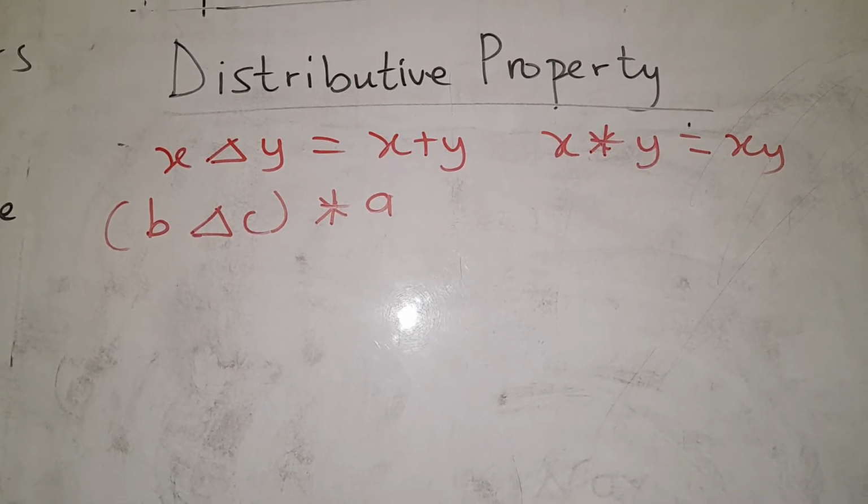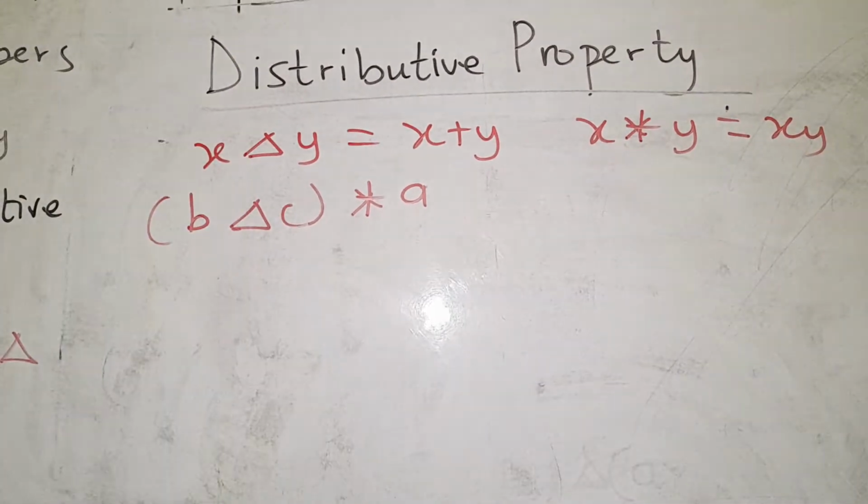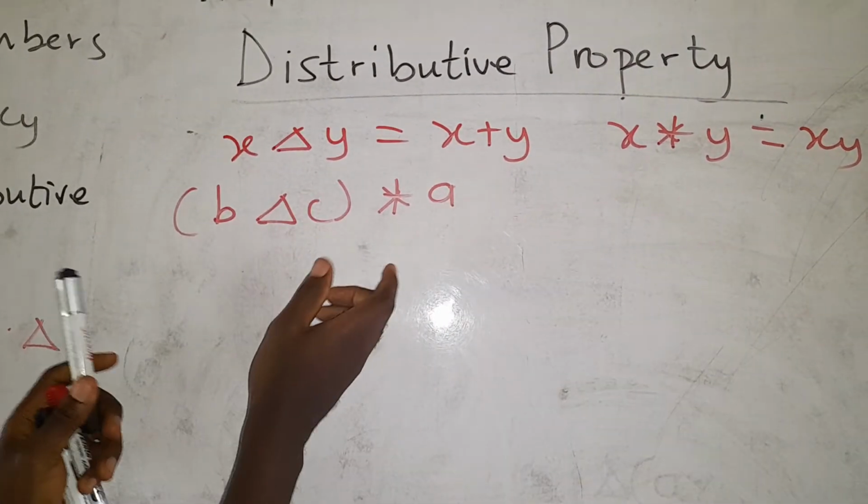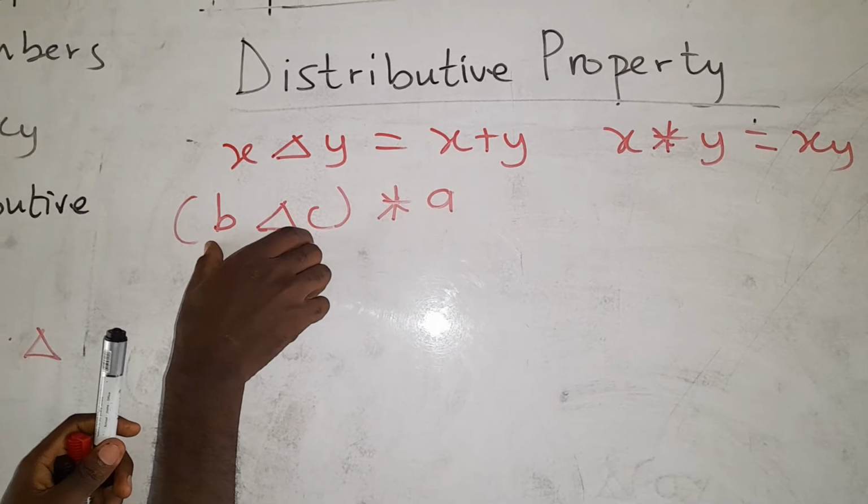So in proving the left hand side distribution, that's (B delta C) star A, we'll deal with what is in the bracket first.